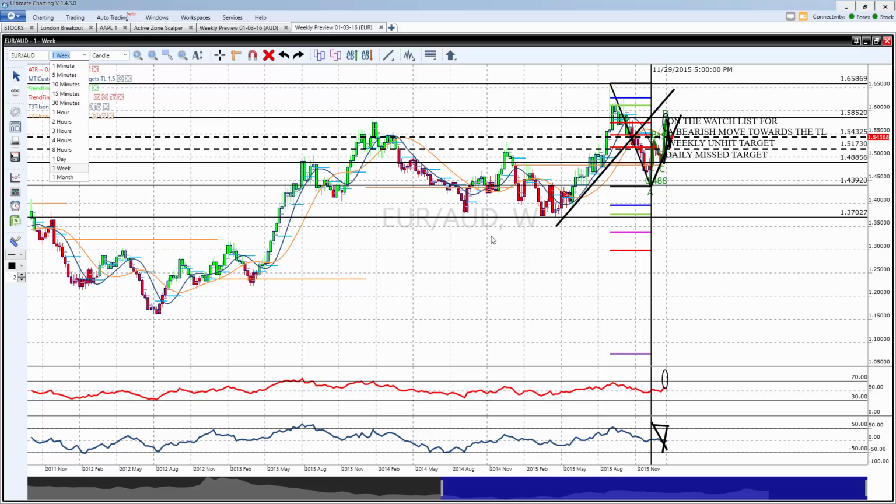And now we'll go down to any trend line. Okay, this trend line, even though it's broken here and here, I think it's still working.